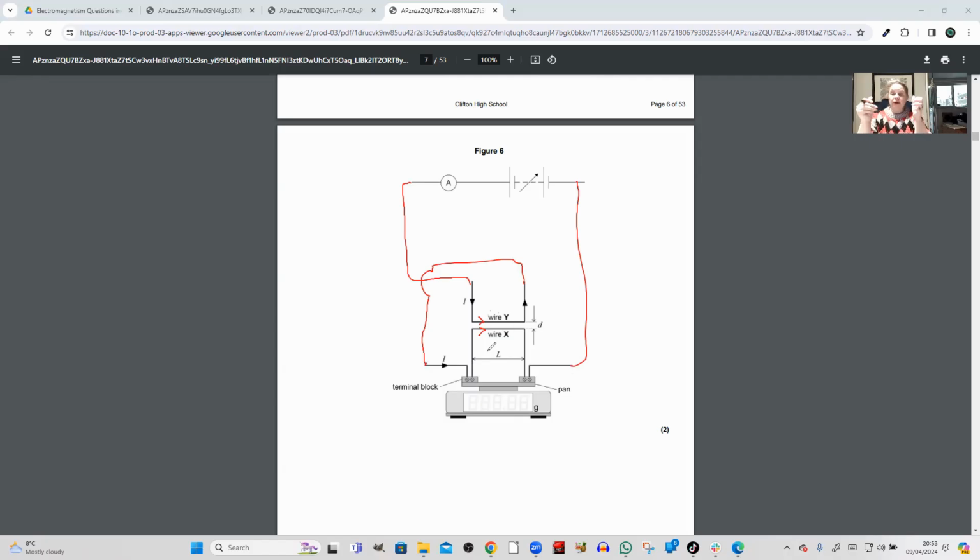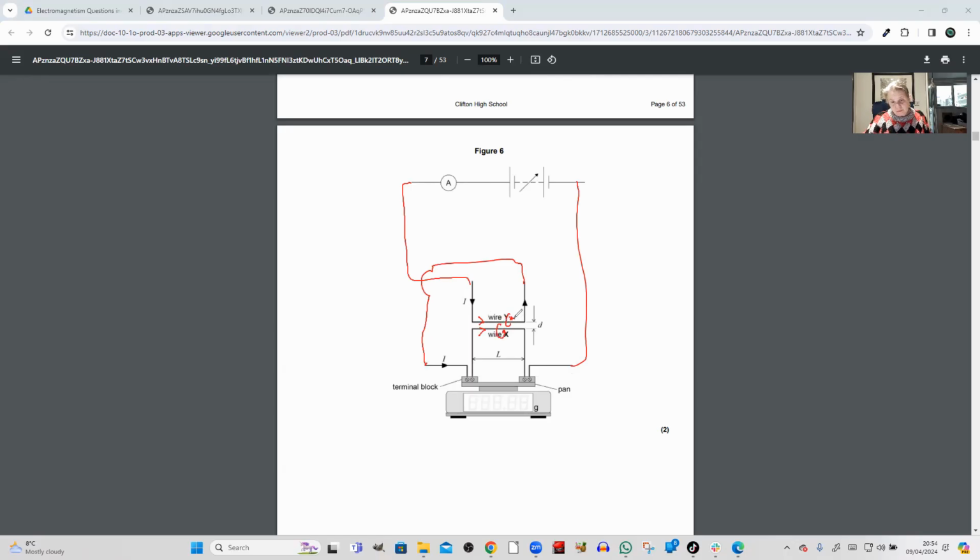Now remember that a wire has got a magnetic field around it, but it's the right-hand corkscrew rule, which means that that's always to the right. So the top one has got a field that's going like that, and the bottom one's got a field that's going like that.